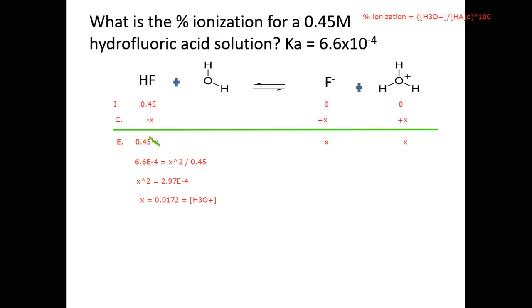So percent ionization equals 0.0172 divided by 0.45 times 100.